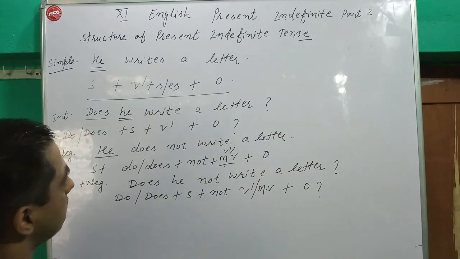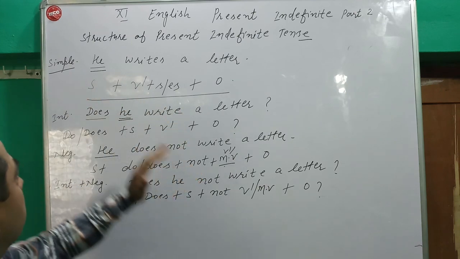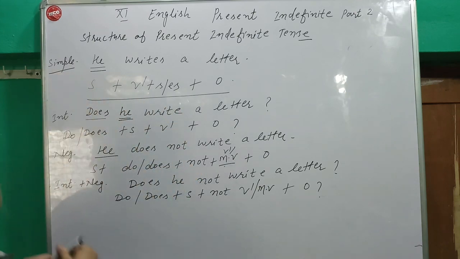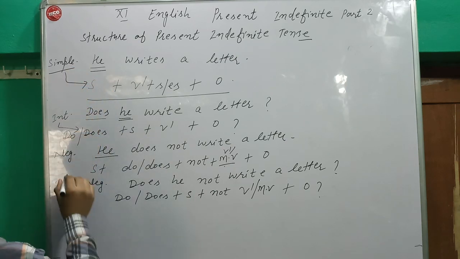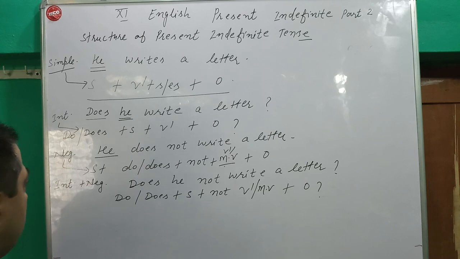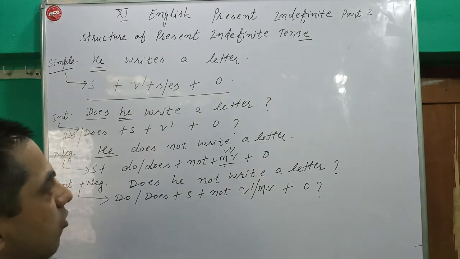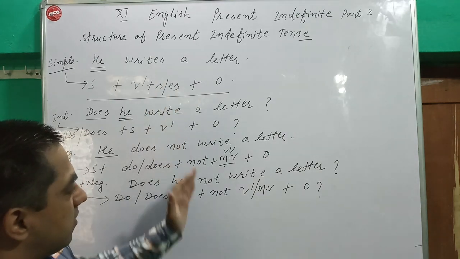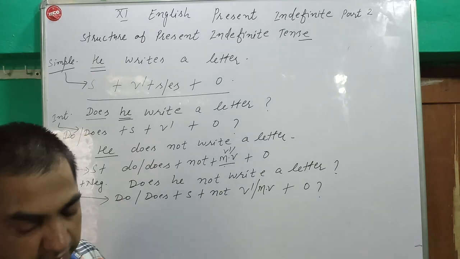Okay, these are the structures of present indefinite tense. This is the structure of a simple sentence, this is the structure of an interrogative sentence, this is the structure of a negative sentence, and this is the structure of interrogative plus negative. Okay, I hope you will understand the structures of present indefinite tense.